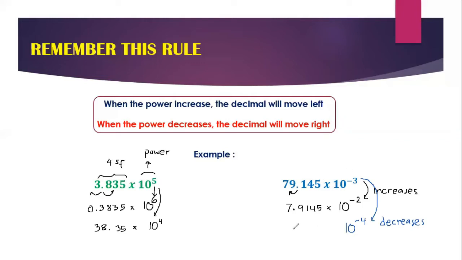The decimal is here after the 9 in 79.145. Because the power decreases, the decimal will move right one step, so the decimal will be here.